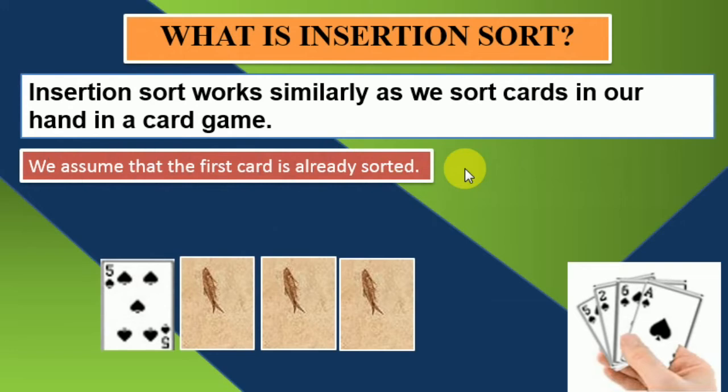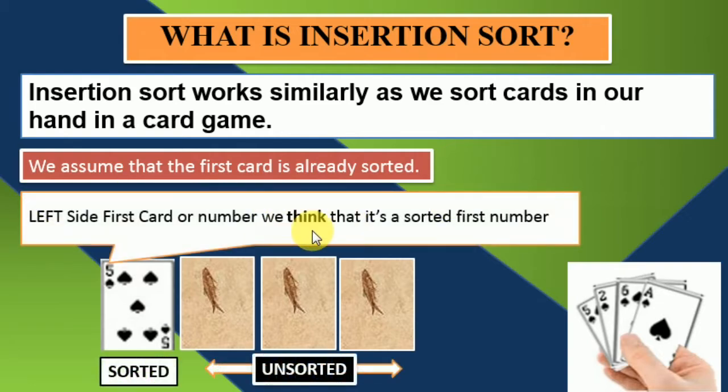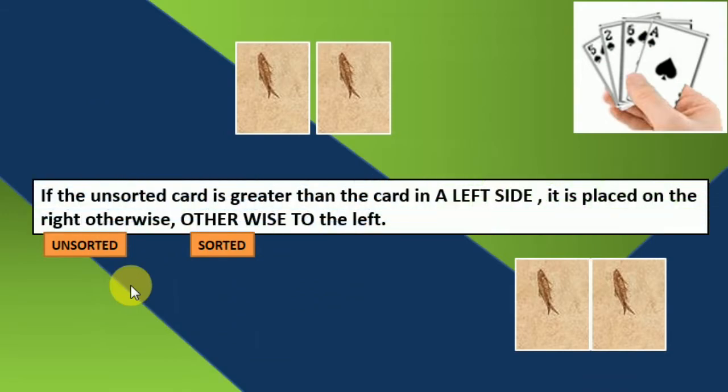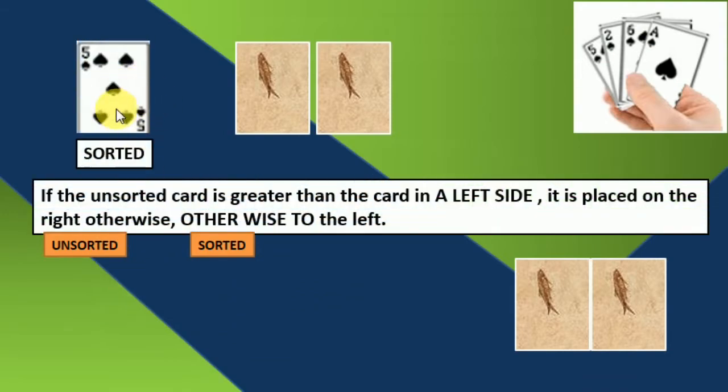There are four cards. In the case of insertion sort, we just think that the first card is a sorted one on the left side and the other cards are the unsorted ones. This is our first card, that is a sorted one.